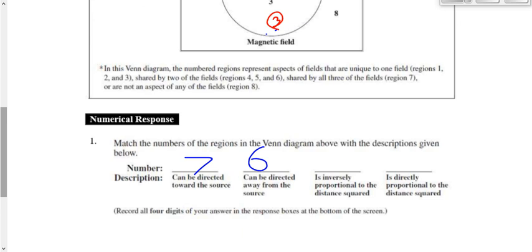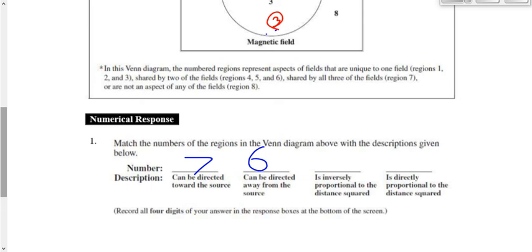Is inversely proportional to the distance squared. Now, this is a tough one, but this is one where you've got to use almost a strategy as opposed to your knowledge for this. And we've talked about this strategy before.